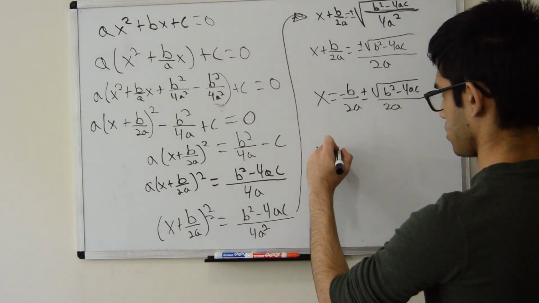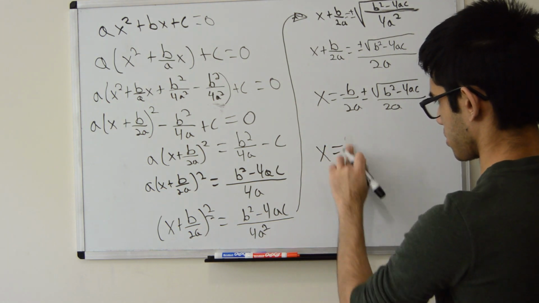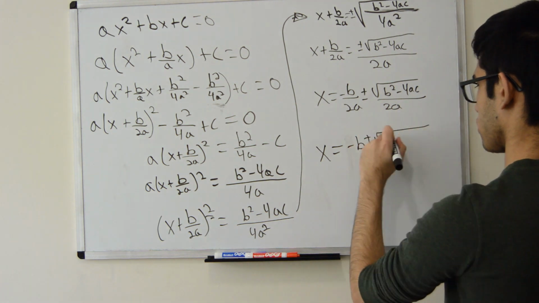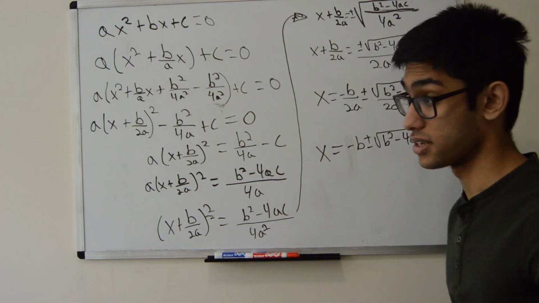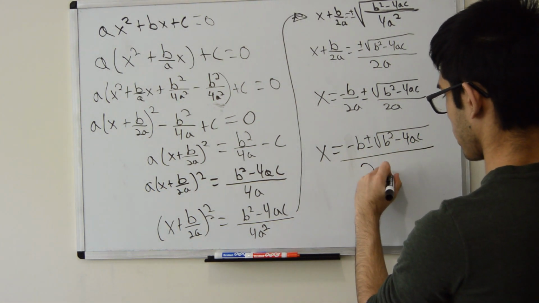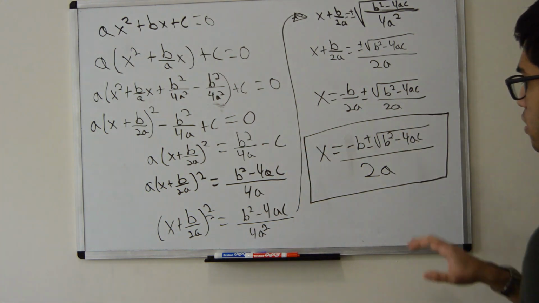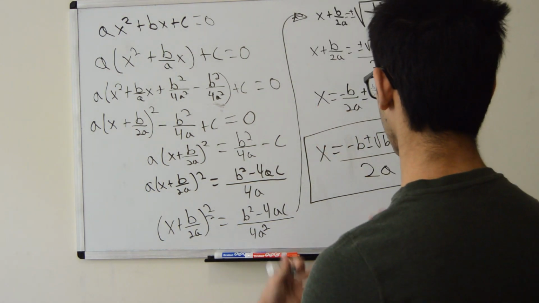So x will be equal to, not plus or minus there, negative b plus or minus the square root of b² minus 4ac, why don't you just say it along with me, because it's just so popular, all over 2a. And there we go. Right there, that's your formula. That's the derivation for the quadratic formula.